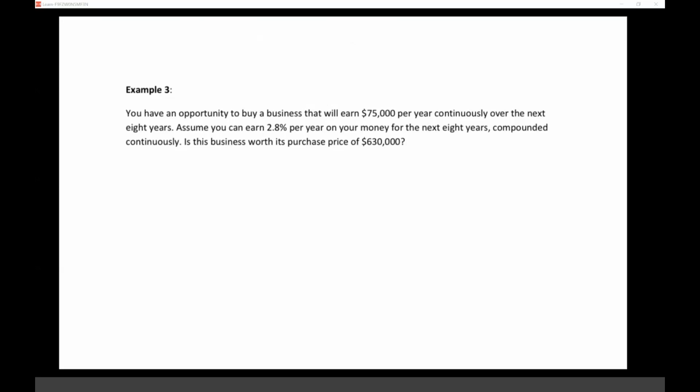So this is a real scenario. You've got something that generates a continuous income stream of 75,000 annually, and they're asking $630,000 for it, assuming again you have all the assets to do the deal. Is it worth it? Is this a fair price? So what do you need to do?